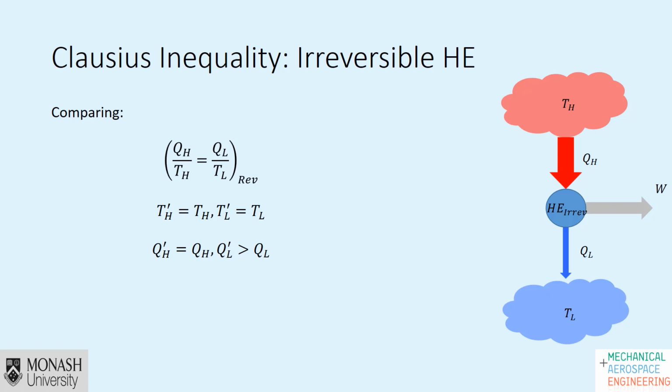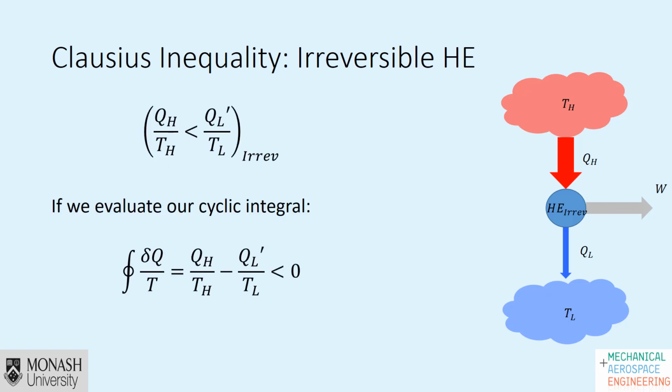So if QH on TH was equal to QL on TL before, and we've kept QH, TH, and TL the same, then the only possible outcome for the irreversible case is to say that QH on TH must be less than QL on TL. That means now, if we evaluate our cyclic integral, QH on TH minus QL on TL, which is the cyclic integral of the heat transfer divided by temperature for our irreversible engine, must be less than 0.